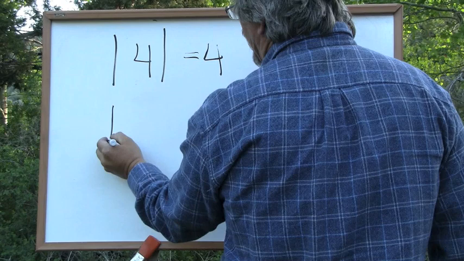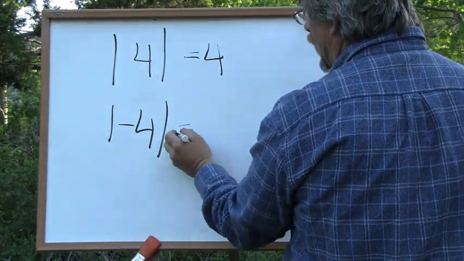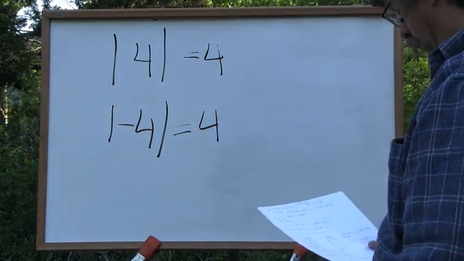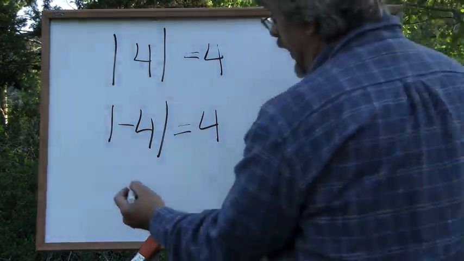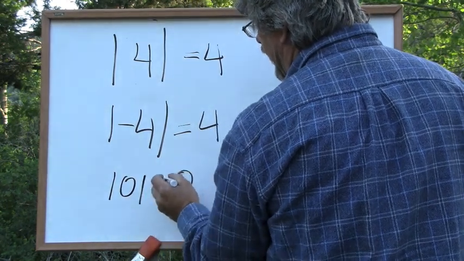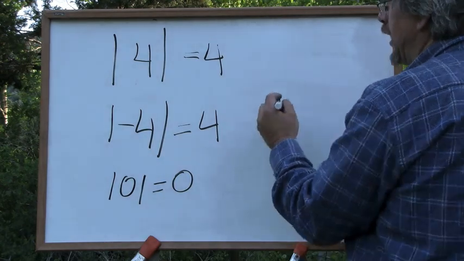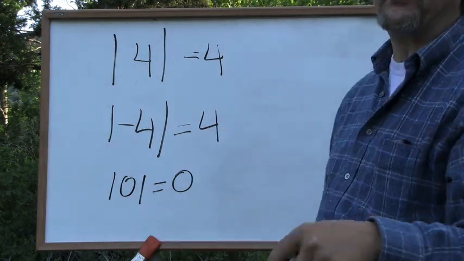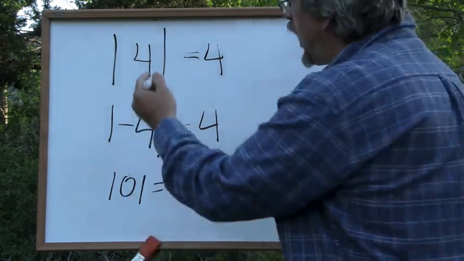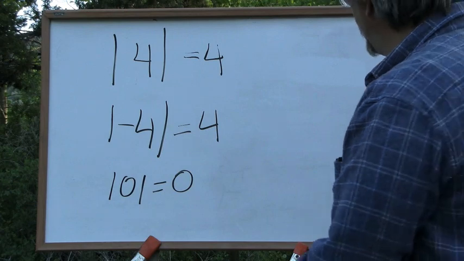With absolute value, even with a negative 4, your absolute value is going to be positive 4. And the absolute value of 0 is just 0. Because absolute value cares about how far away from 0 you are. It's not about the positive or negative sign, it's how far away you are from 0.